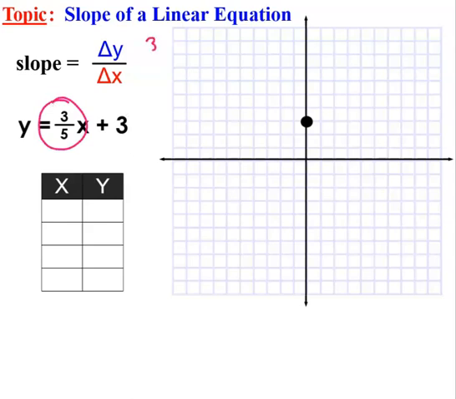The slope number is 3 over 5. So the change in the y-axis, the change along the y number line, is positive 3, also known as a rise. The change in the x-axis, delta x, is positive 5. So right there is where I'm going to put my second dot.